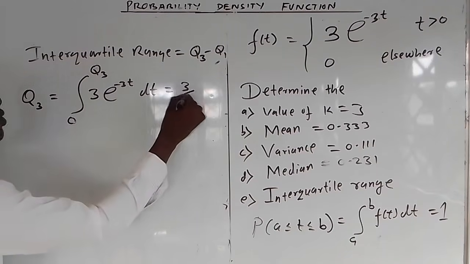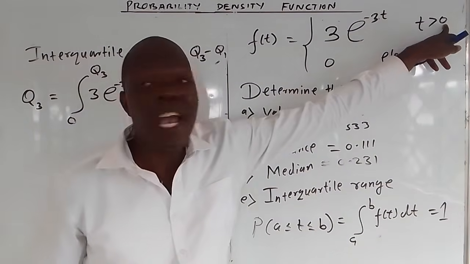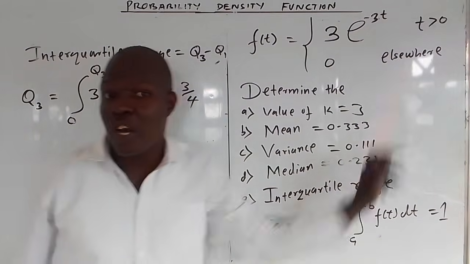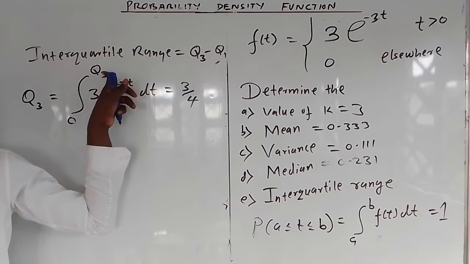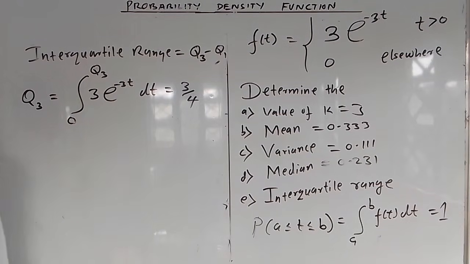And that one is supposed to be equal to, at upper quartile, 3/4, isn't it? The lower quartile is a quarter, the median is a half, the upper quartile is 3 quarters. So integrate from where t is starting, from 0 to the upper quartile of f of t dt. Are we together? Yes. Good.